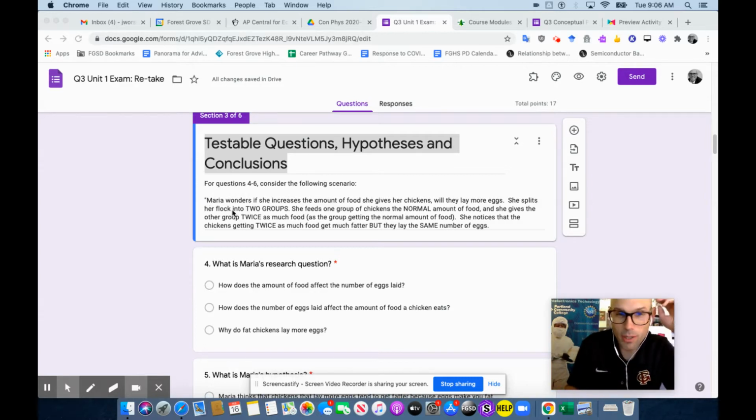Okay, so for the next section, it's on testable questions, hypotheses, and conclusions. The scenario is right here at the top of the section, and then you're going to respond to it down here in questions 4 through 6. It says, for questions 4 through 6, consider the following scenario. Maria wonders if she increases the amount of food she gives her chickens, will they lay more eggs?